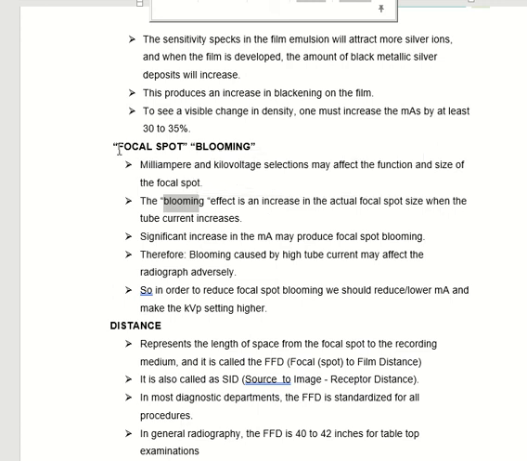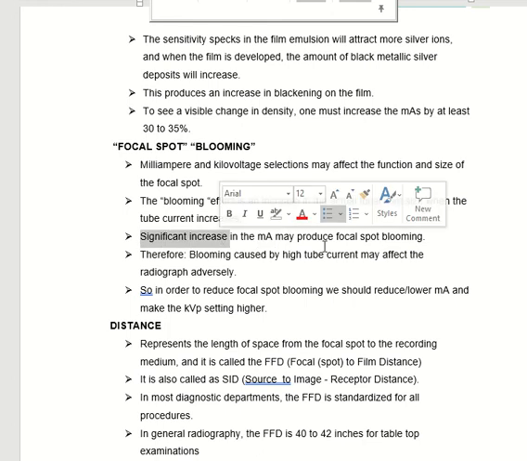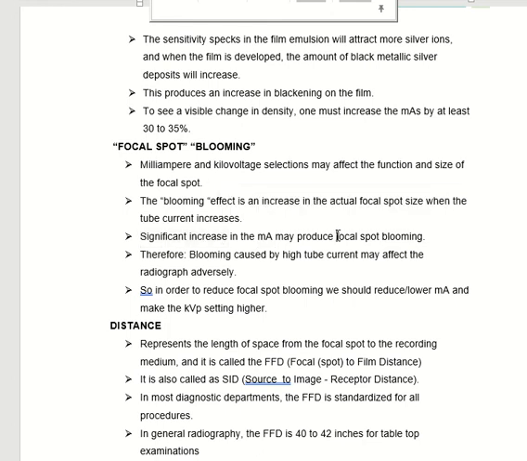So therefore, mag-occur ang focal spot blooming if there is an increase in the tube current, or ang ating MA. So, a significant increase in MA will also produce focal spot blooming.